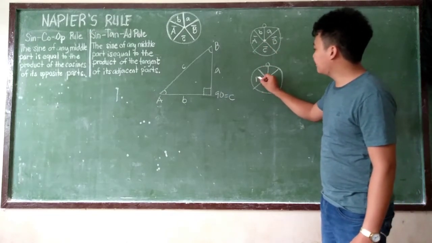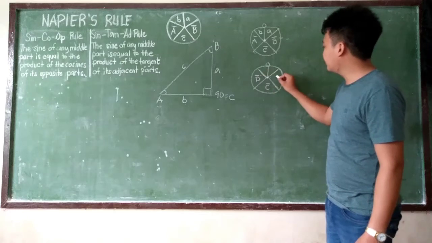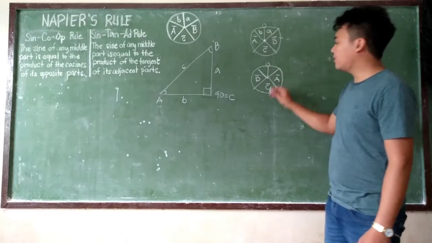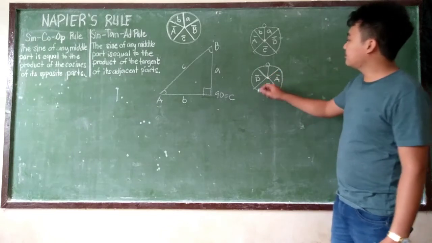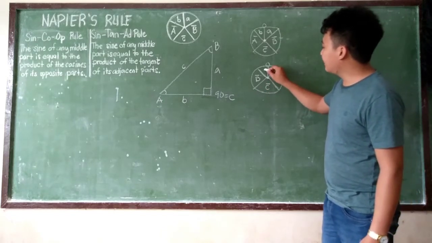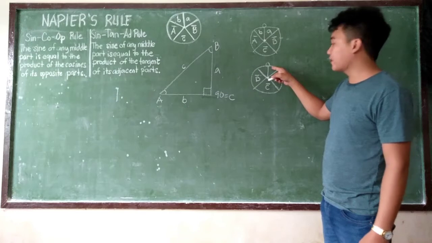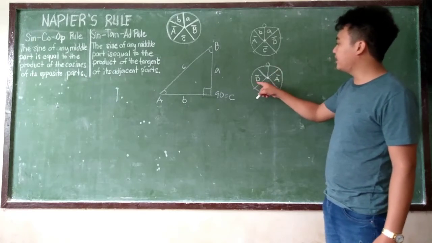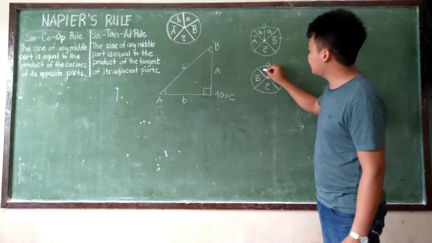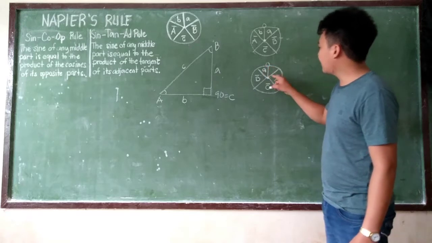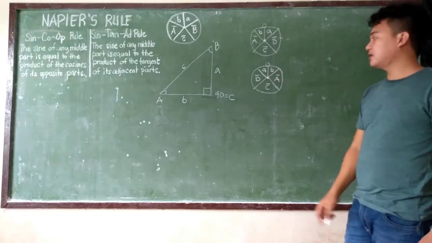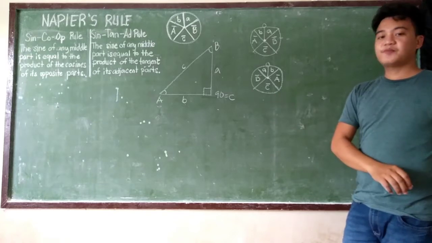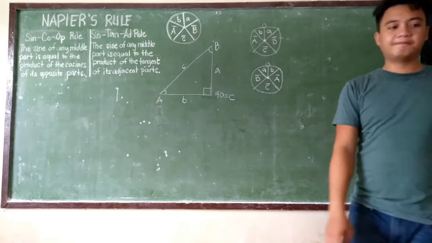So for example, this is B bar and A bar. That is okay, as long as it alternates in the upper portion. Since this is B bar, it must be A and this is B. So that is Napier's circle.